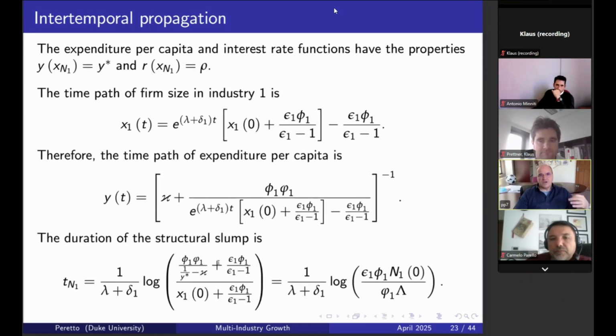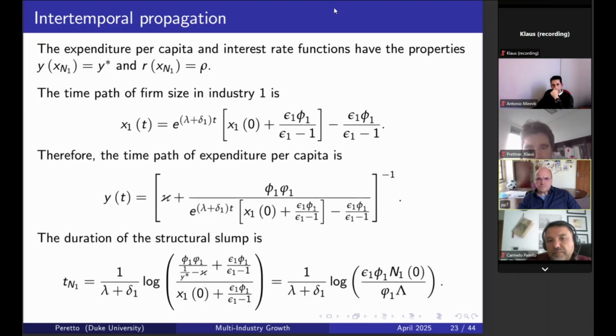And then you can construct a phase diagram in 2 dimensions, firm size and expenditure per capita, which is the industry analog of the one that we studied last week for the single industry economy. So these are just the expressions for the equation in case people are interested in. I'm not going to go through the details because they're there and people can then look at the slides or buy the book when it's finally published.